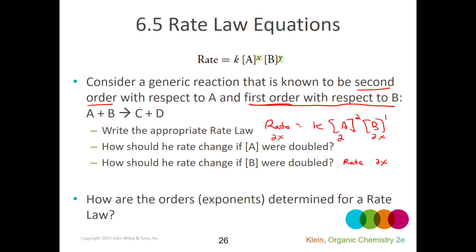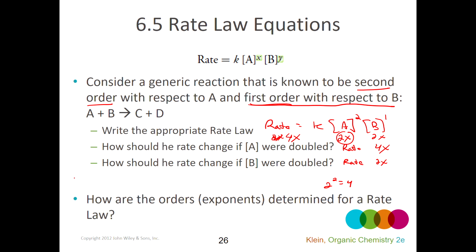If I double the concentration of A, because A is second order or squared, if I doubled A, I'm really taking it times 2 to the second power. And so because 2 to the second power is 4, that would cause the rate to quadruple. So the rate would quadruple in that case.